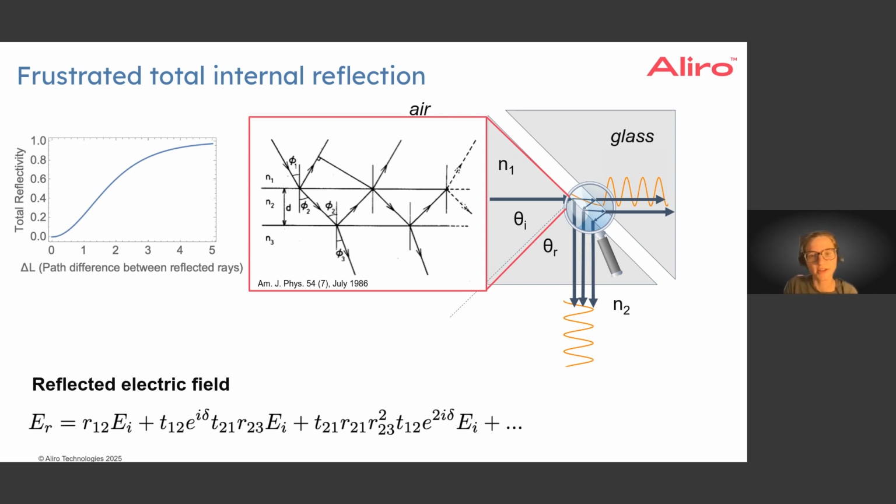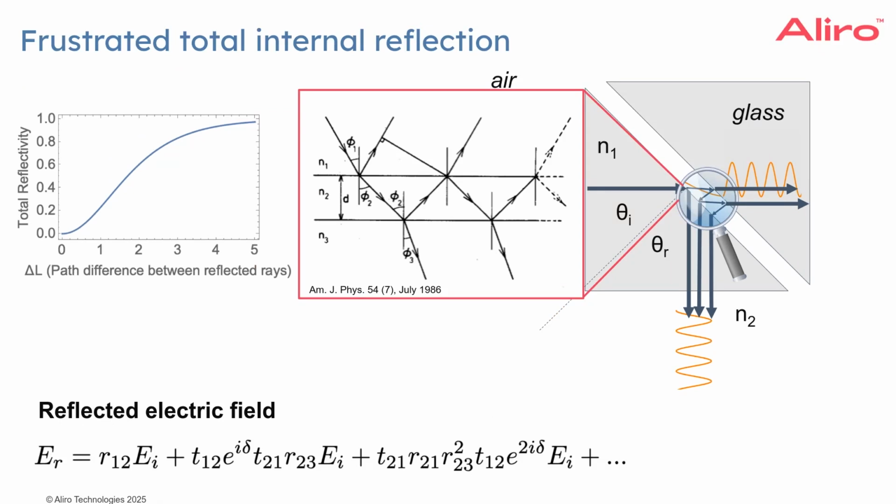This initial reflection is going to be the strongest reflection with the most amount of light inside of it. But these back reflections will destructively interfere with this first reflection. So actually what will happen is as you bring the second pane of glass further and further away from the first pane of glass, you'll get less and less destructively interfering back reflection, which will build up the intensity of this reflected beam.